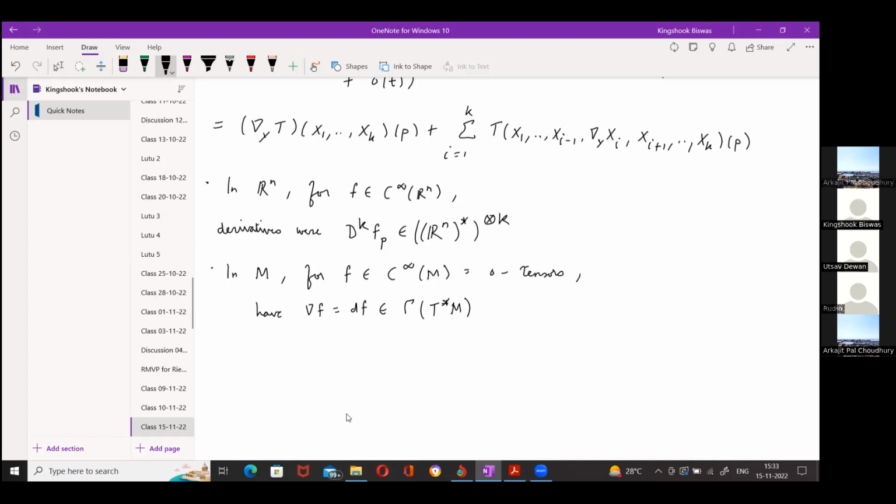The first derivative is a one tensor. And then the kth derivative of a function is nabla^k f, which is nabla^(k-1) of the one form df. This is going to be a k tensor.